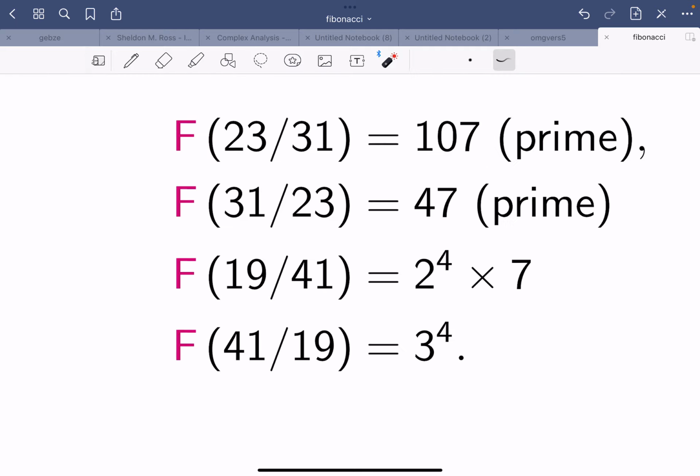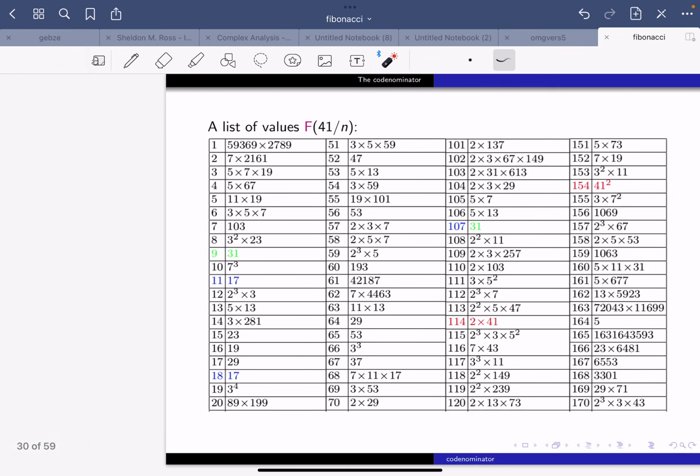For example, 23 over 31 gives 107, which is a prime number. 31 over 23 gives 47, which is also a prime. 19 over 41 is far from prime, even though these are all primes. And 41 over 19 gives 3 to the power 4. It is also far from being prime.